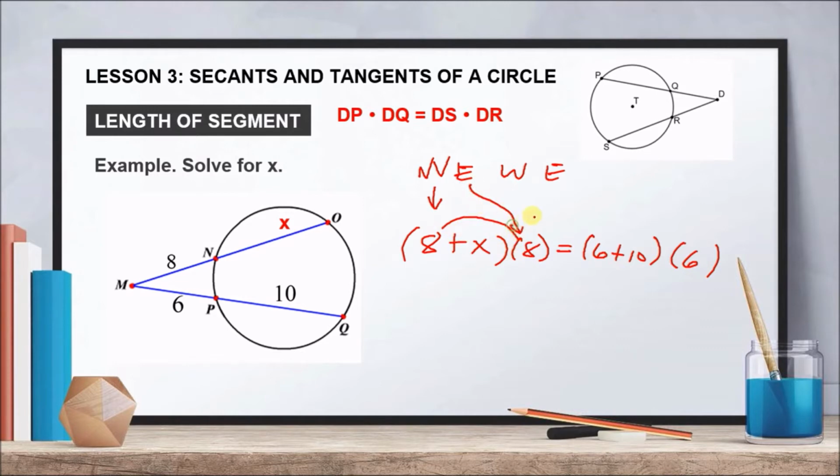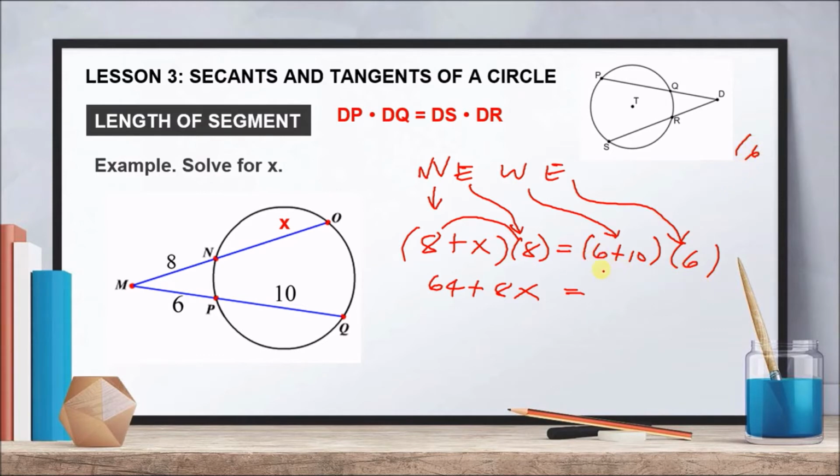Again, this is the external part, this is the whole part, and this is the external part of the other secant. 8 plus x times 8, you can do that by the distributive property. So you will have 64 plus 8x here. 6 plus 10 happens to be 16 times 6.